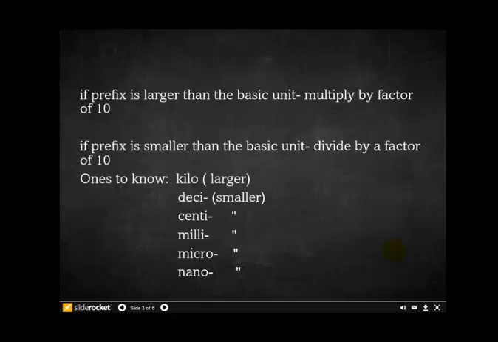So you would say a meter divided by 1,000. Milli means 1/1,000th. You're actually multiplying by a fraction, multiplying by 1 over 1,000, which is the same as dividing by that factor of 10. So these are the prefixes you should be familiar with and know more or less off the top of your head.